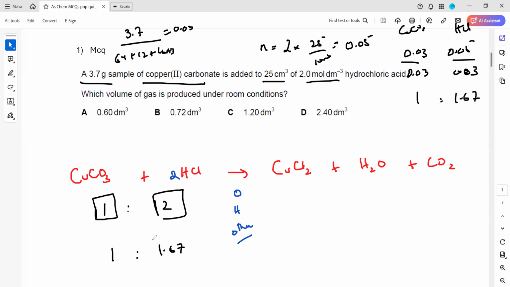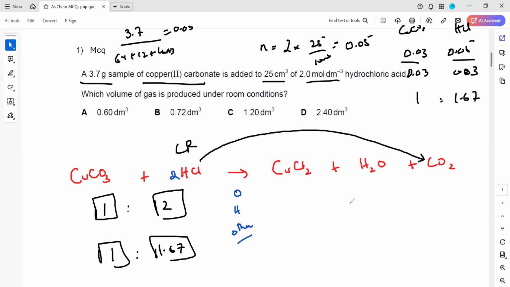So which one is less? HCl is less, so it means HCl is the limiting reagent. Now using the moles of HCl, you will find the moles of carbon dioxide.